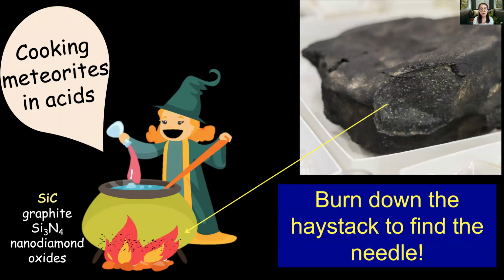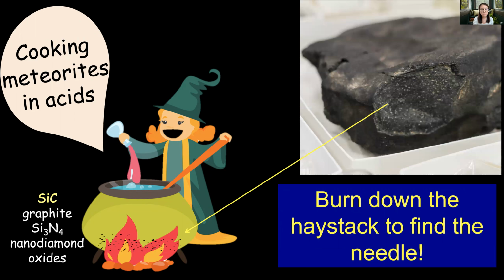Luckily, we can burn down the haystack to find the needle. This is because most of the pre-solar mineral phases, including silicon carbide, are resistant to acids. When we put a piece of meteorite in a mixture of strong acids, most materials can be dissolved away.